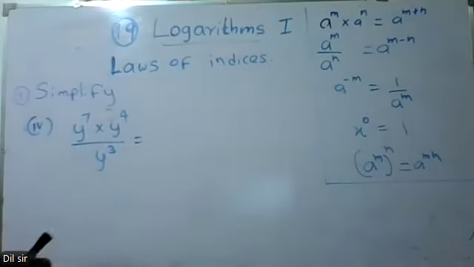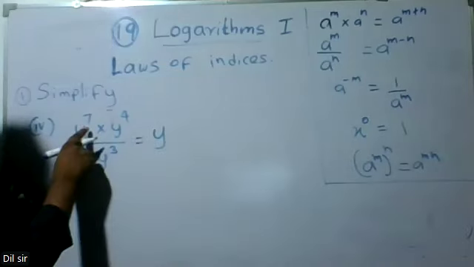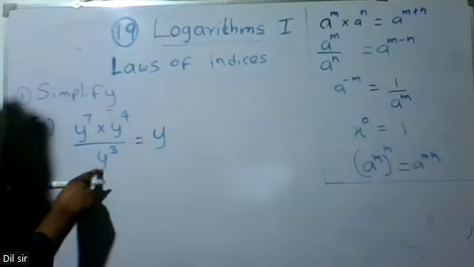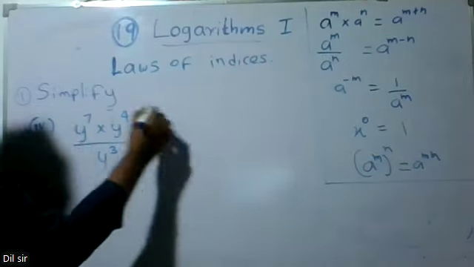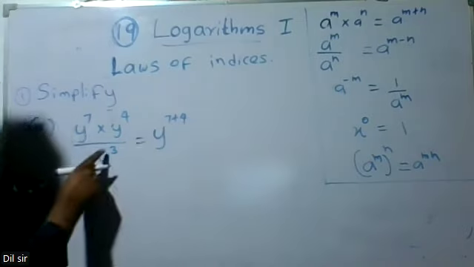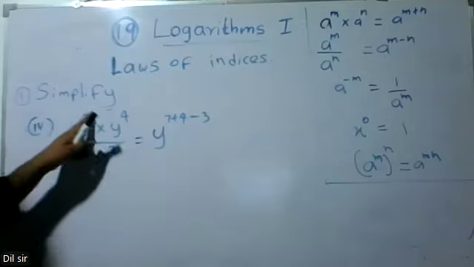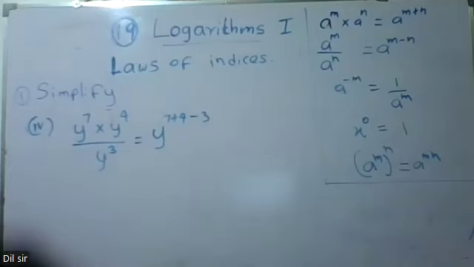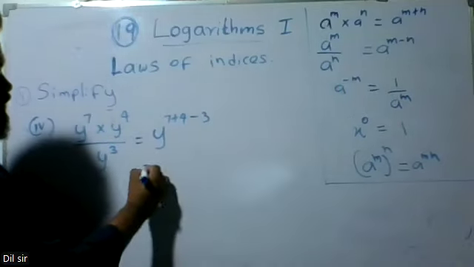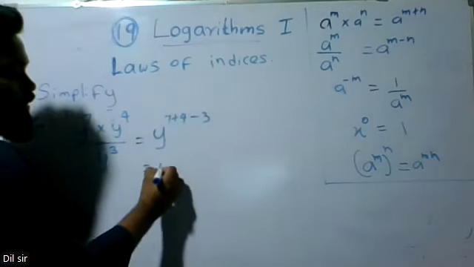Now, no need to go through several steps. Look at this one: y to the power y. All three bases are the same, y. So we add the powers in the numerator, the same step, and we can also subtract, because that is the division part. So 7 plus 4 minus 3, which gives y to the power 8.